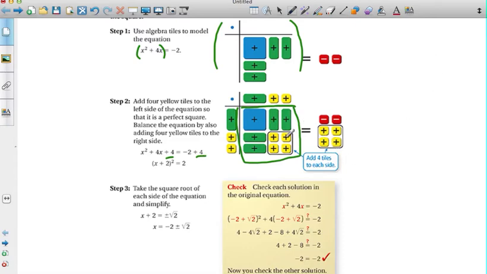Here's what it looks like in algebra tiles. When you simplify, remember, these two end up zeroing out, and therefore we're left with 2 on the right side. Let's take a look. Where did they get this x plus 2 squared? Well, remember, they just rewrote what you have. Inside here is the sum.